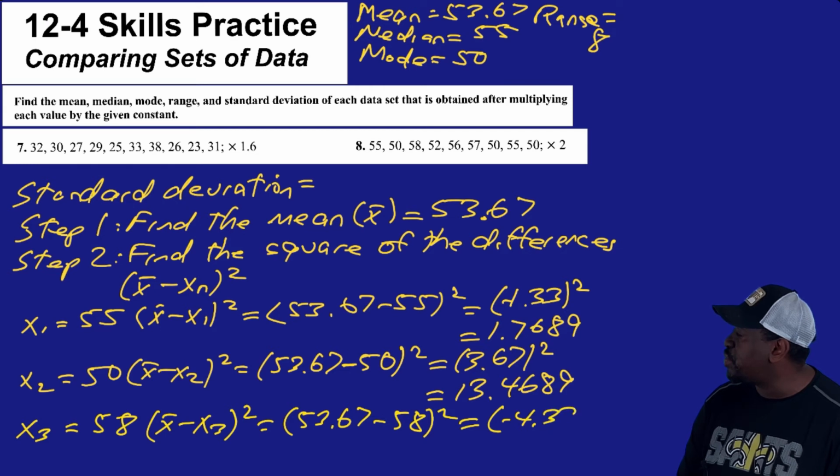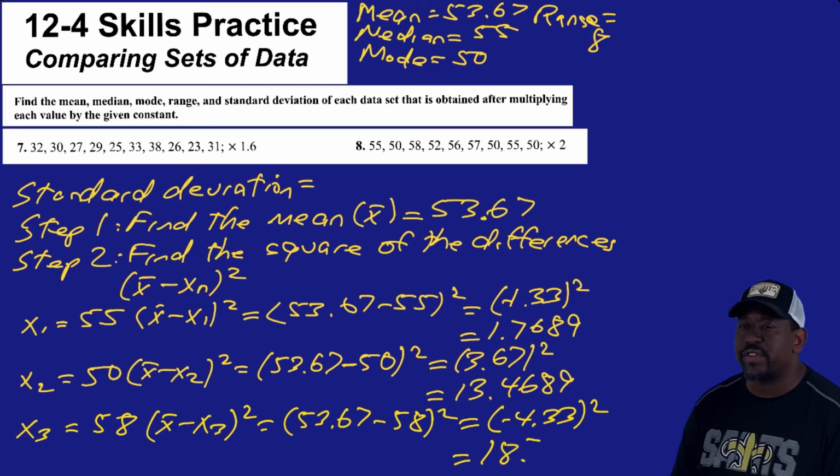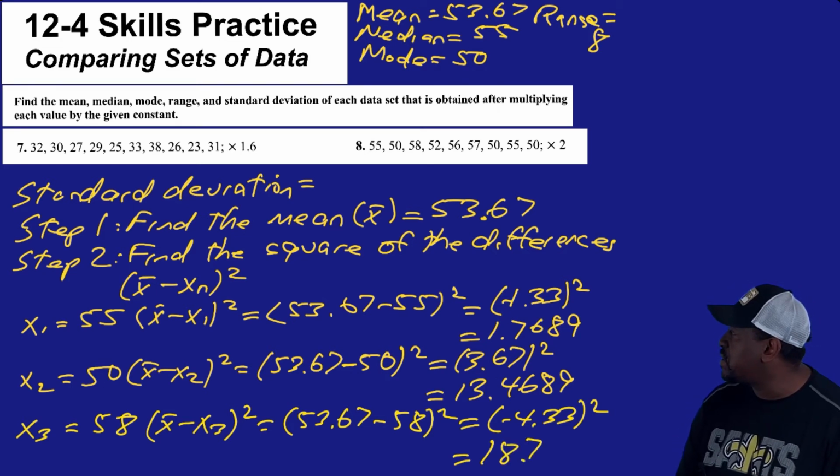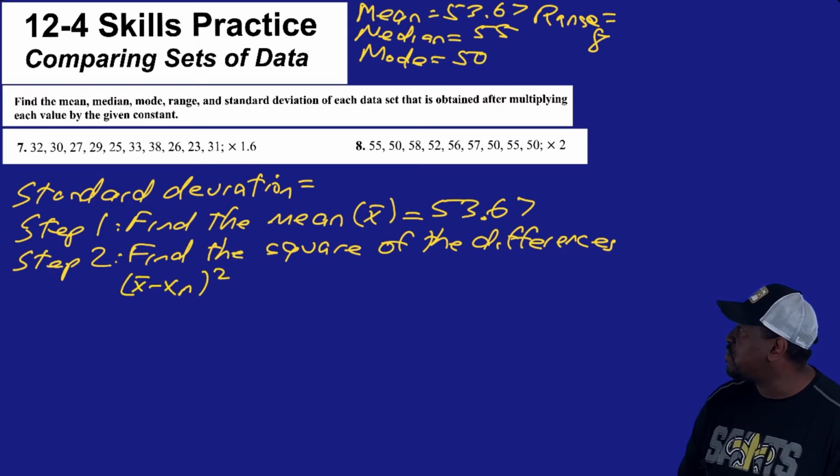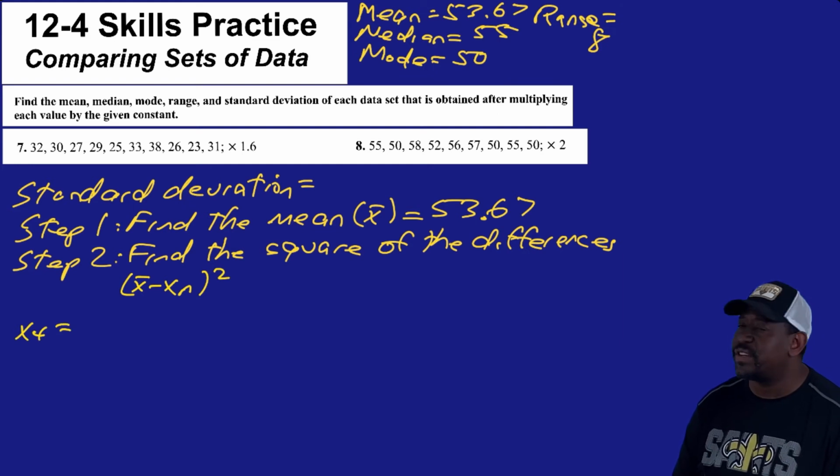In the third group, we have a difference of negative 4.33. We square that, and you will get 18.7. I can't really see that term, but you can see it, so it'll pop up here in a second when we add our squares together.